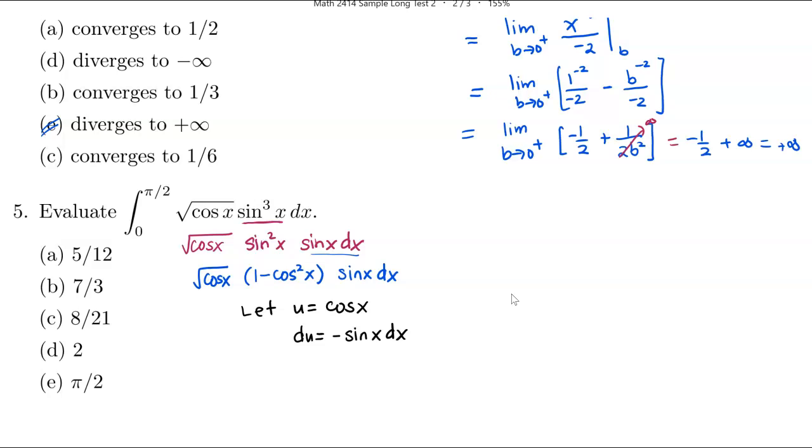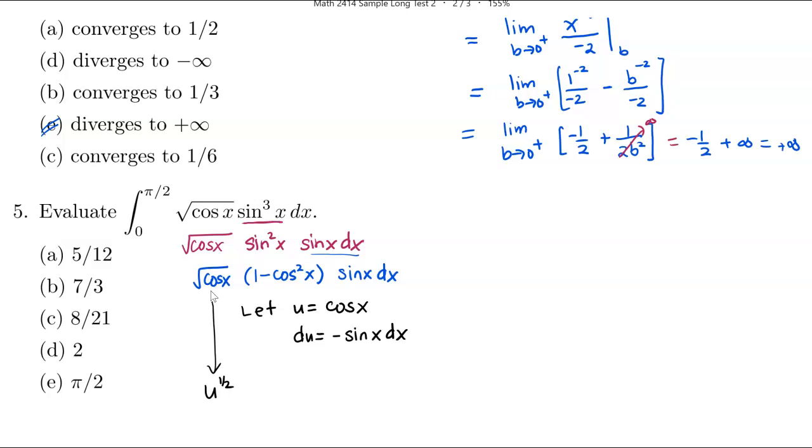Therefore the square root of cosine x becomes u to the 1/2, or square root of u.